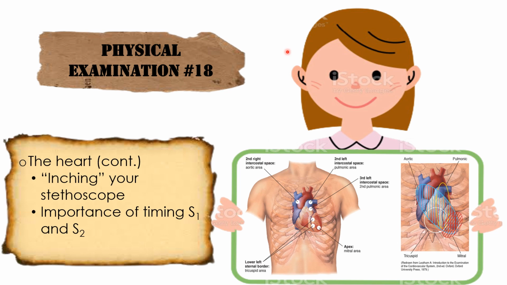Alternatively, you can start at the base and then inch your stethoscope to the apex, with your stethoscope again in the right second intercostal space close to the sternum. Then move along the left sternal border in each intercostal space from the second row to the fifth, and then to the apex.